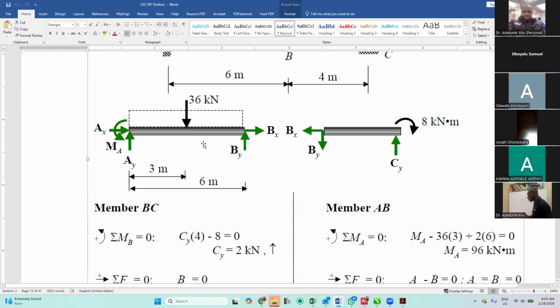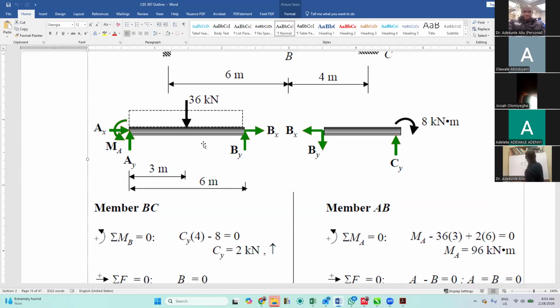For instance, in this member A to B, we said let us take summation of moments about A to be equal to 0.